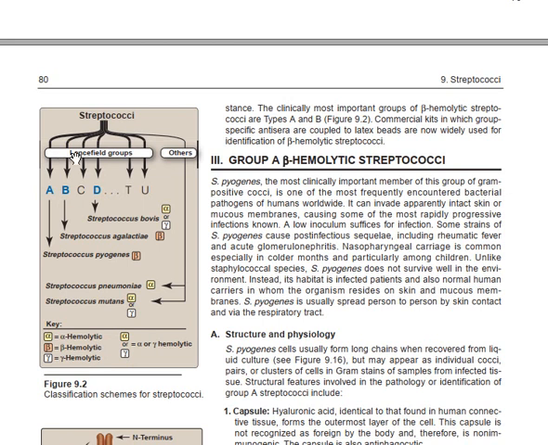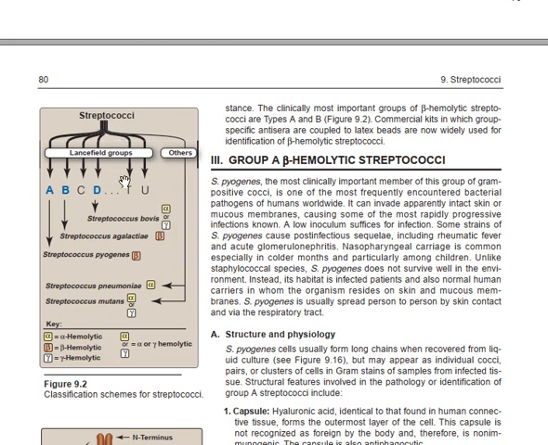So we start here. We have A. This is Lancefield group A. An example of Lancefield group A is Streptococcus pyogenes, which is beta hemolytic. Lancefield group B: an example is Streptococcus agalactiae, which is beta hemolytic. Lancefield group C, we are not giving an example. Lancefield group D is Streptococcus bovis, which is alpha or gamma hemolytic.